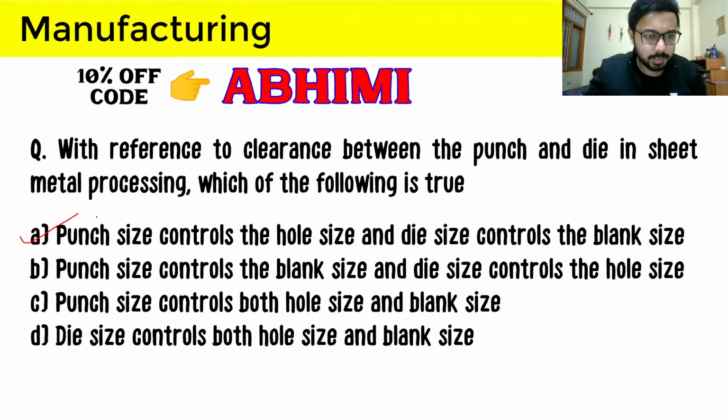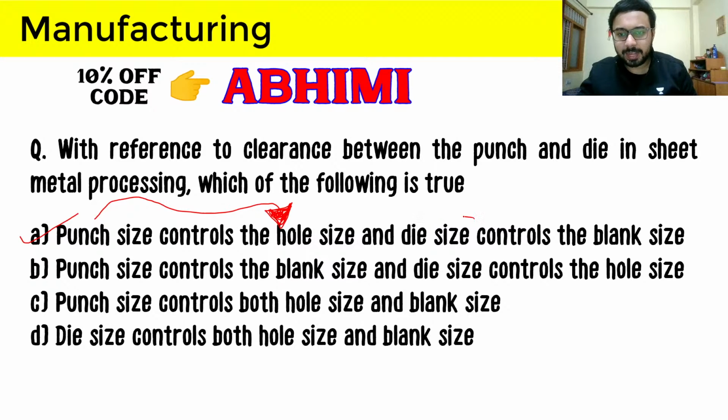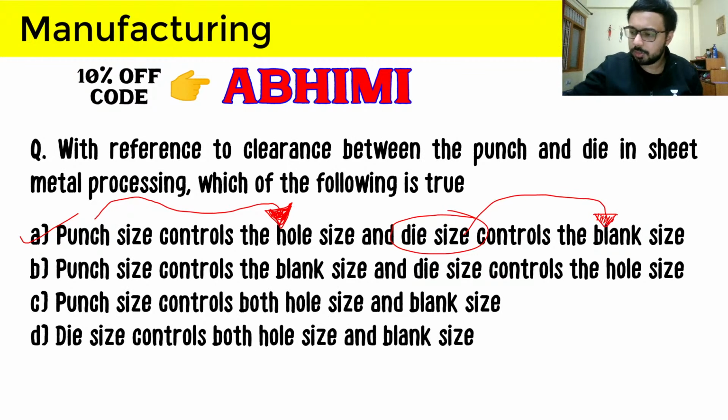Remember that punch is controlling hole size because in punching our workpiece is with holes. The cut, removed part is the scrap. For blanking, die size is controlling the blank size, because the rest of the part left after the blanks and discs are removed is the scrap.